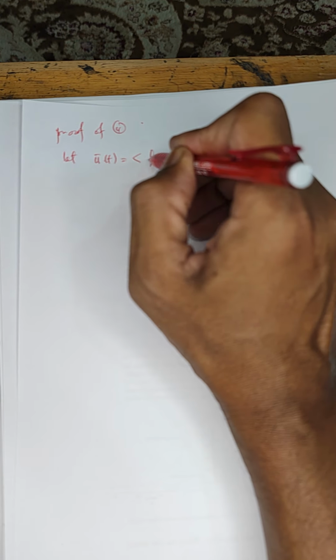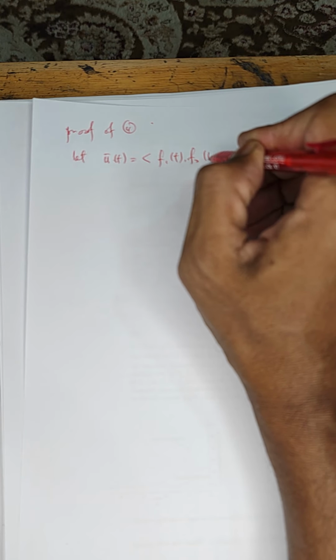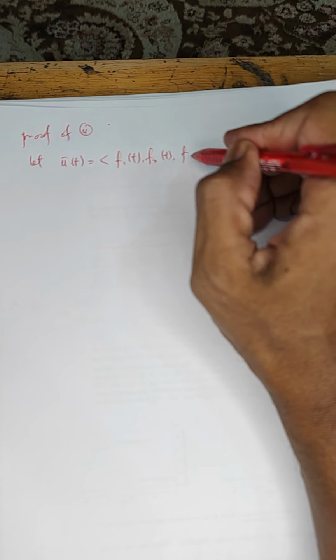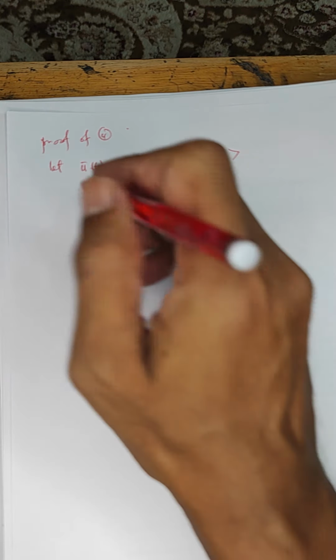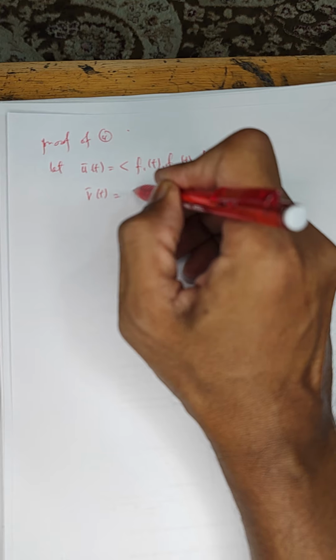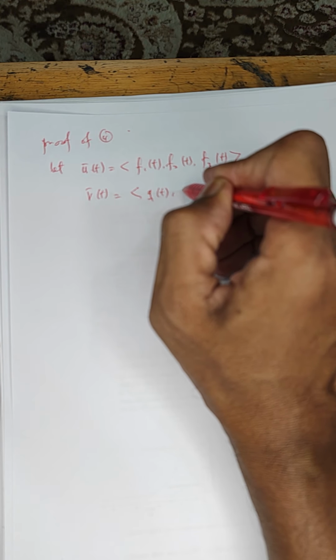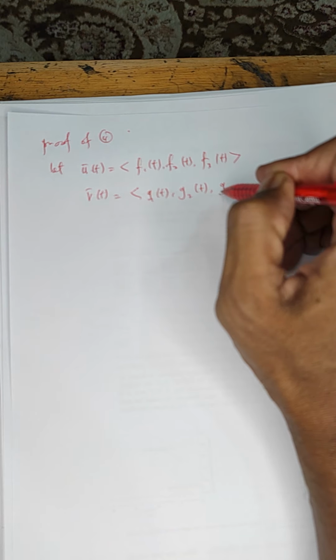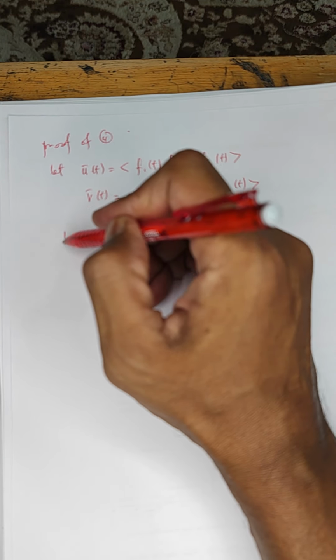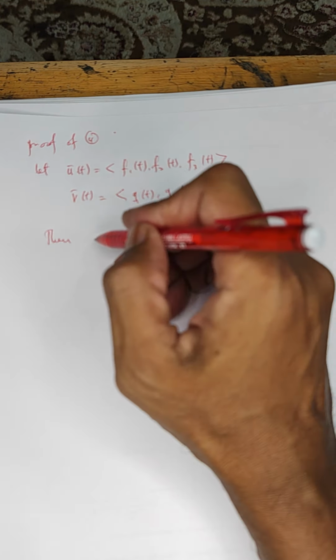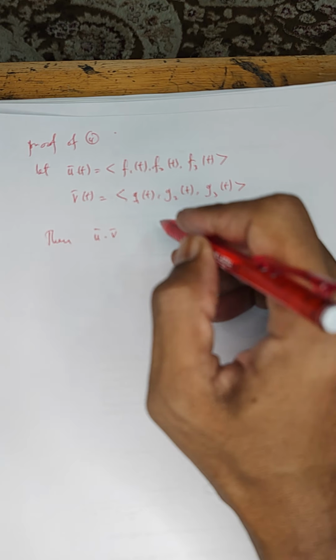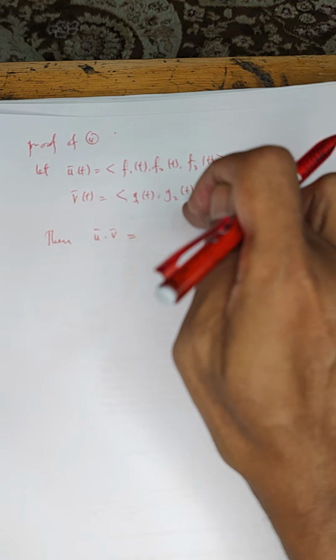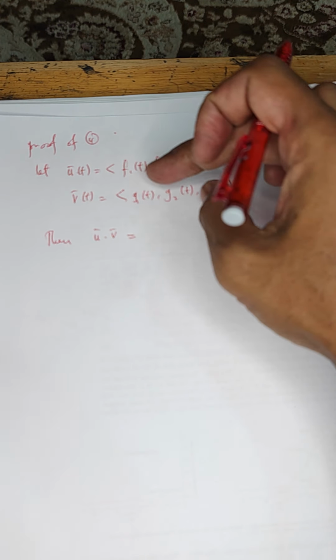Okay, let u be a function of f1(t), f2(t), f3(t), and v a function of g1(t), g2(t), g3(t). Then u dot v is given as, we dot product between those two vectors, means we multiply each component of each of those vectors, right?